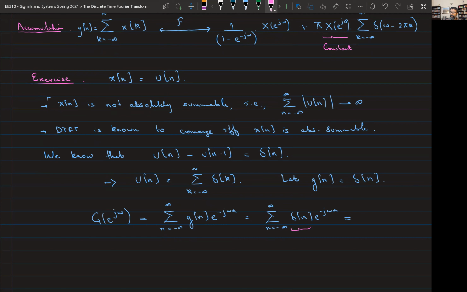The delta of n is equal to 1 for n equals 0, and equal to 0 for n not equal to 0. Therefore this is equal to e raised to the power minus j omega times 0, which is just equal to 1. The sampling property of the delta function. So the Fourier transform of the unit impulse is equal to 1. That's something we know.